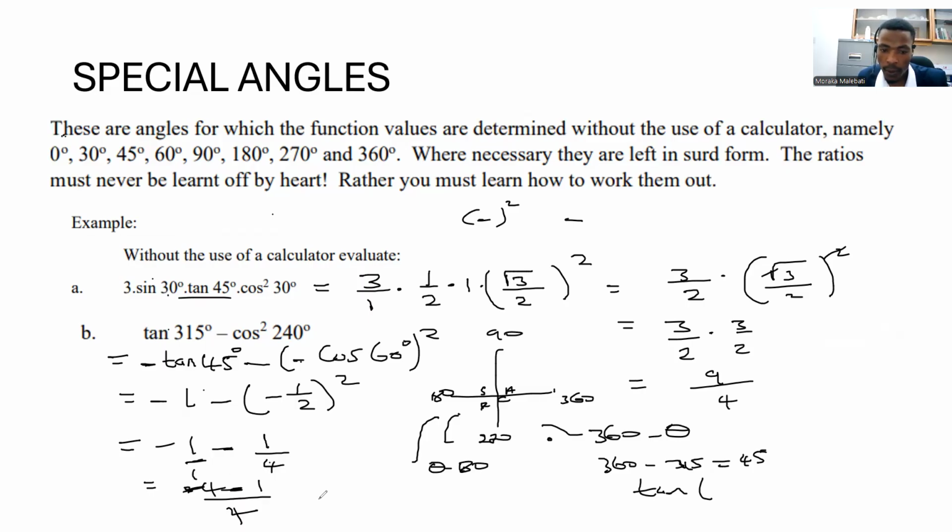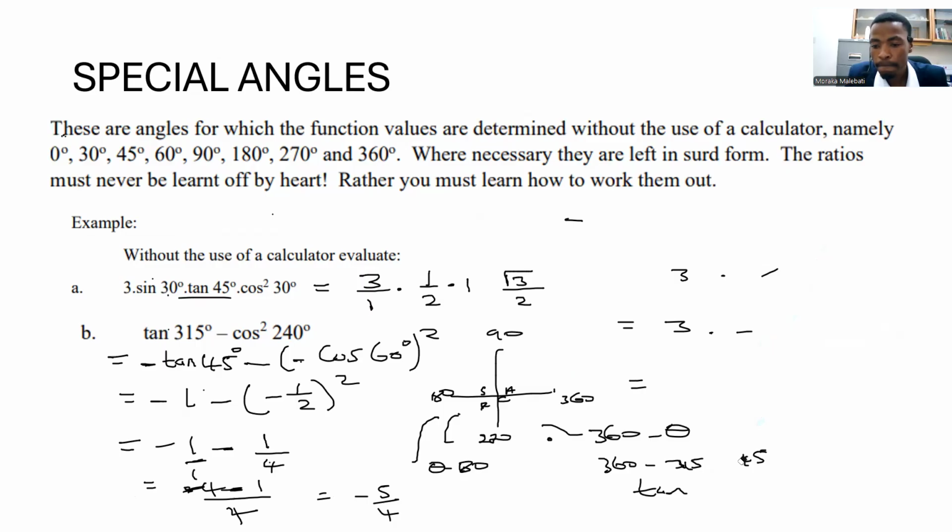Then minus 4 minus 1, so this is minus 5 over 4. Therefore, this one is minus 5 over 4. So this is how we are using our special angles. I hope it makes sense, and allow me to wrap these things so that we clean our screen.